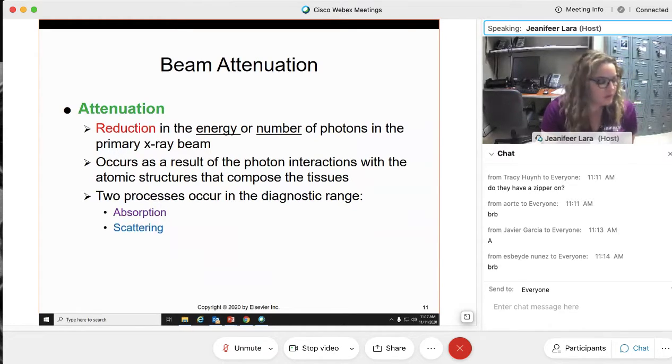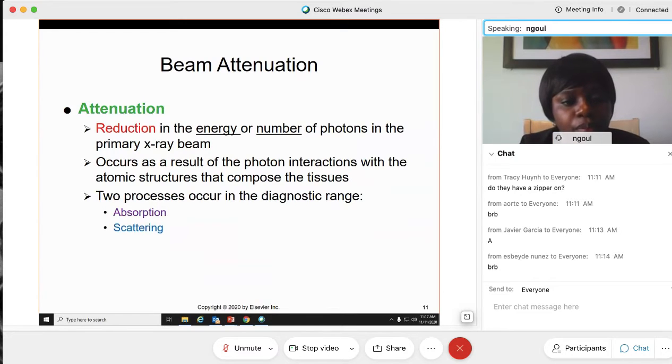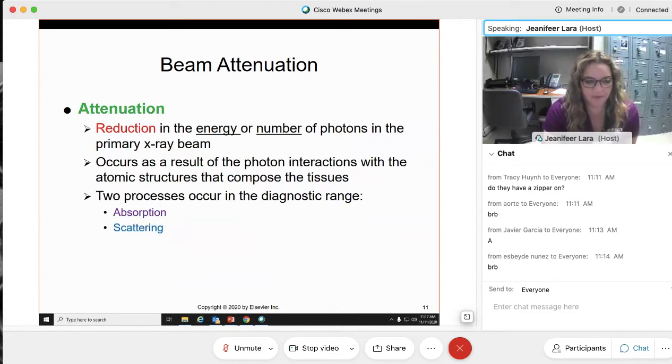You don't have to give me the official definition, but what would I say is the definition of ionization, Ruth? Is the removal of the electron from its orbit. From its orbit, good. So attenuation is going to be the reduction in energy.